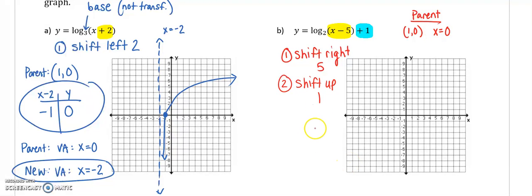My new function is being shifted right 5, that's x plus 5, and up 1, that's y plus 1. So my point will become 1 plus 5, that's 6, and 0 plus 1 is 1. And my asymptote will become x equals 0, adding 5 to that, so x equals 5. So here's my point, and there's my asymptote. So (6, 1) is my point, and the asymptote is at x equals 5.